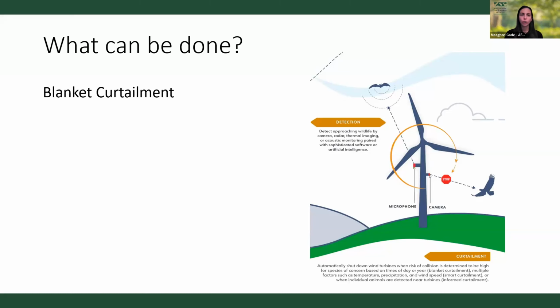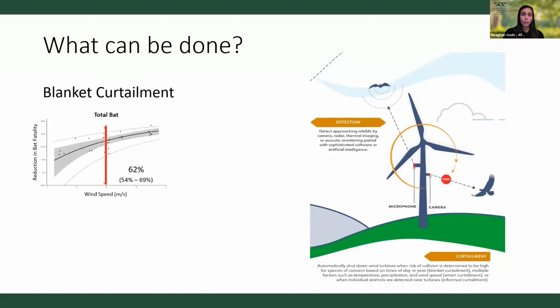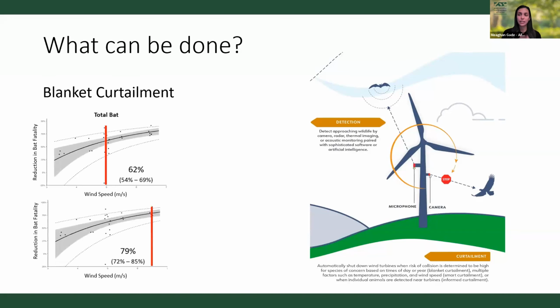So what if we just turn off the wind turbines whenever the wind is not blowing more than 6 meters per second? Well, what happens when we do that is we see a really significant reduction in bat fatalities, up to 62% when we curtail at 5 meters per second. And if we curtail at 6.5 meters per second, a slightly higher wind speed, we're seeing close to an 80% reduction in bat fatalities alone by just turning it off.